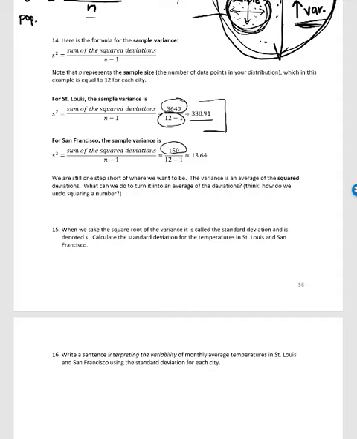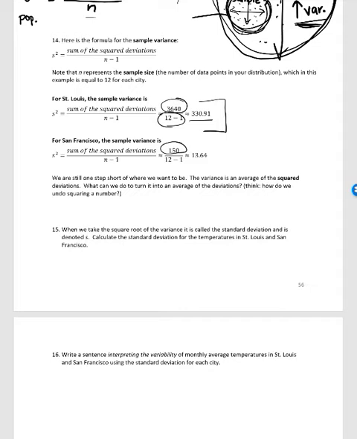Right? And why doesn't this make sense? Because we squared all the numbers. Now, when we squared all those numbers, not only did we get rid of the negatives, yay, but we also made those numbers really, really big. And we don't want them to be really, really big. We want them to be normal temperatures so we can interpret them the way we would regular temperatures, so we can actually use them for something.